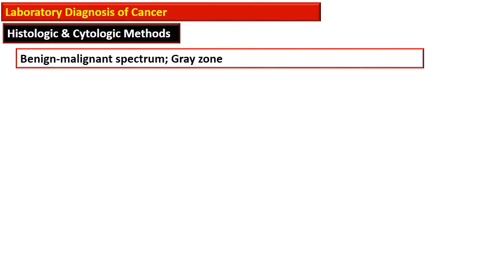The histologic and cytologic methods are used to label a tumor as benign or malignant.